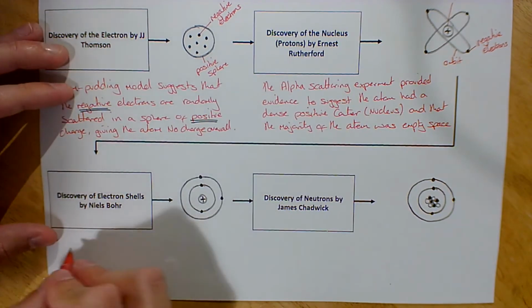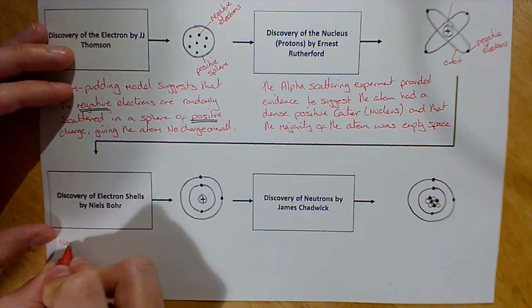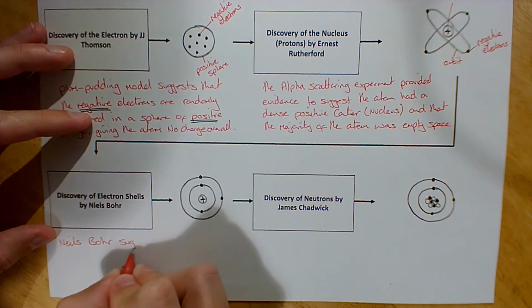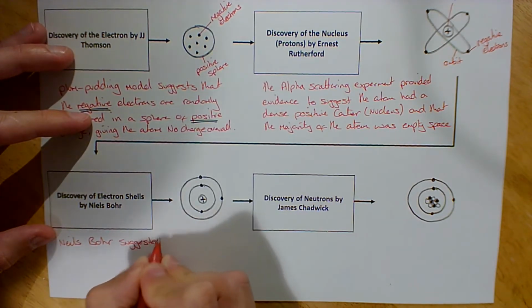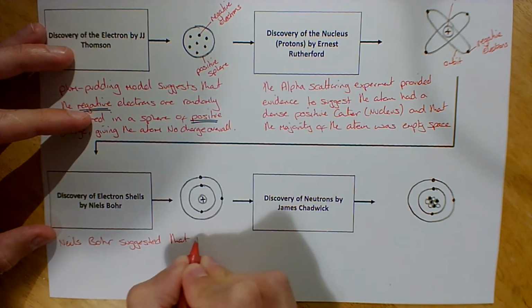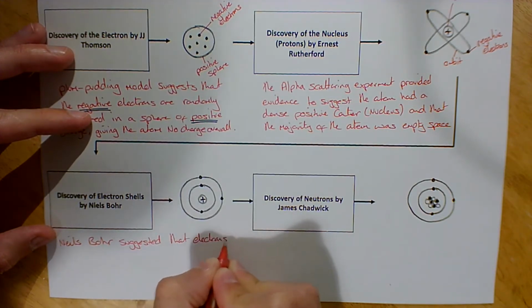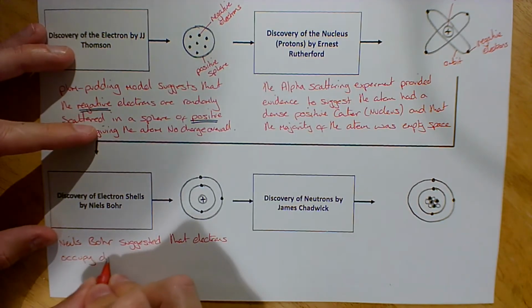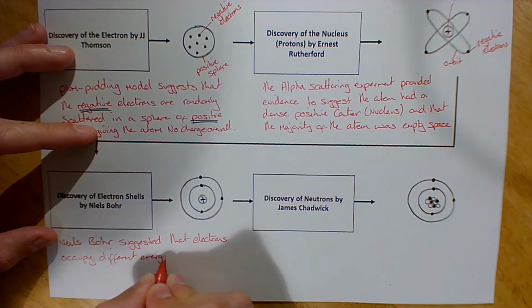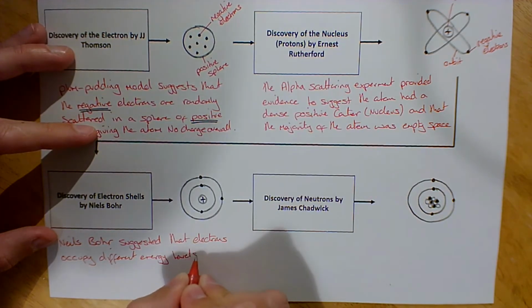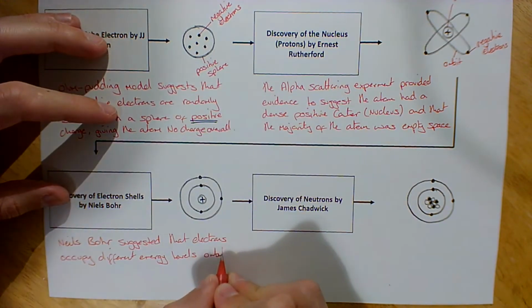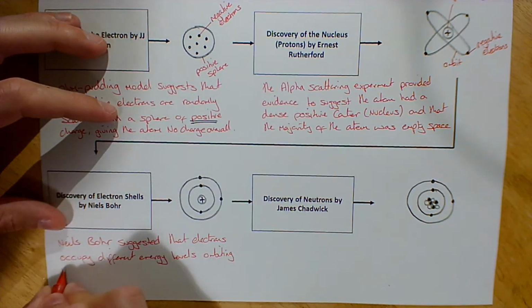So Niels Bohr suggested that electrons occupy different energy levels orbiting the nucleus.